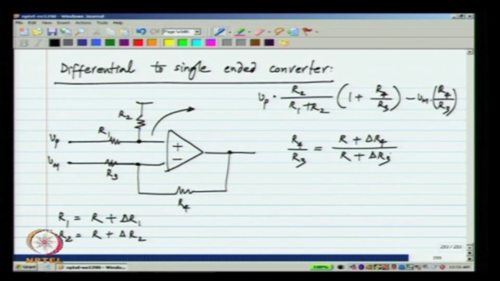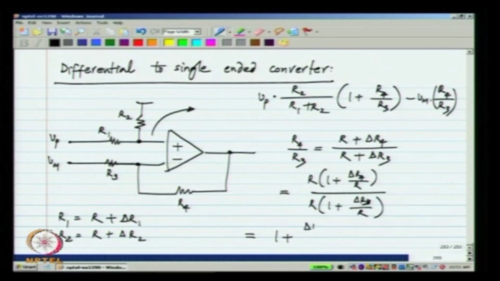Now, delta R4 and delta R3 are differences from the nominal value R. Now, I can write this as, all I have done is to take R out and expanded out the ratios, and I will also use the fact that delta R4 by R and delta R3 by R are quantities much smaller than 1. So, what I will get will be 1 plus delta R4 minus delta R3 by R.